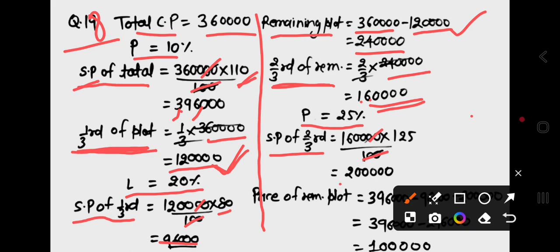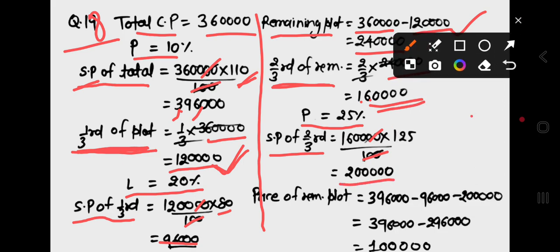If you multiply, it will come 2 lakh. Okay. So one third of the plot he had sold at rupees 96,000 and 2/3 of the remaining plot he has sold at rupees 2 lakh.